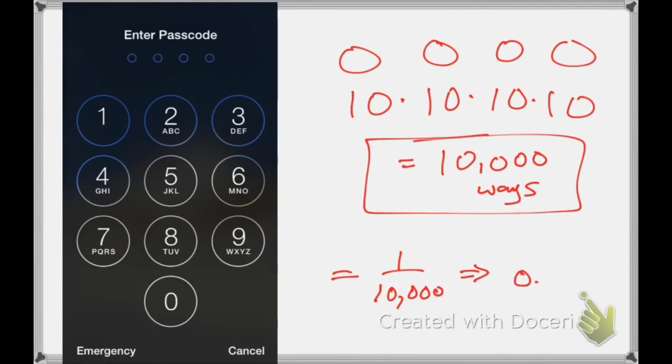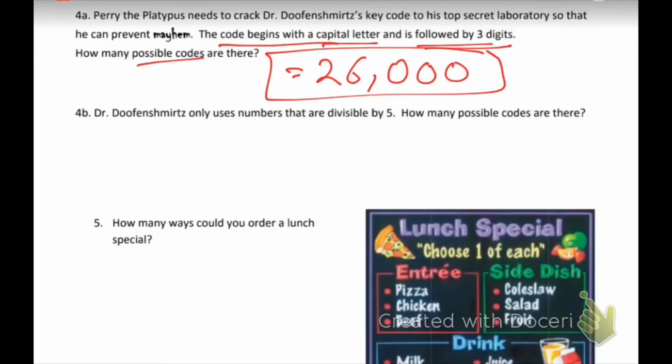It's 0.01%. So it's very unlikely that somebody would ever guess my code, which makes it kind of fun.